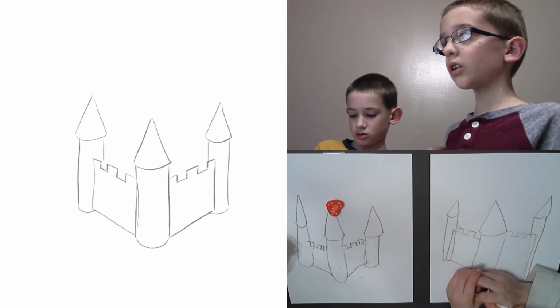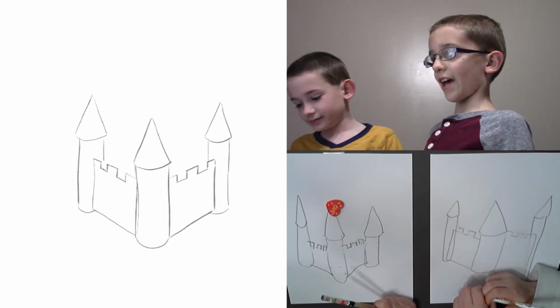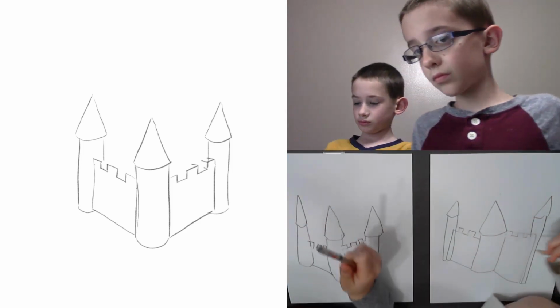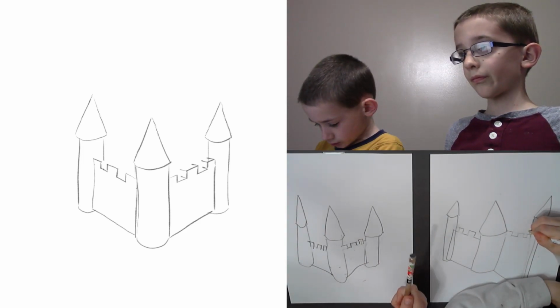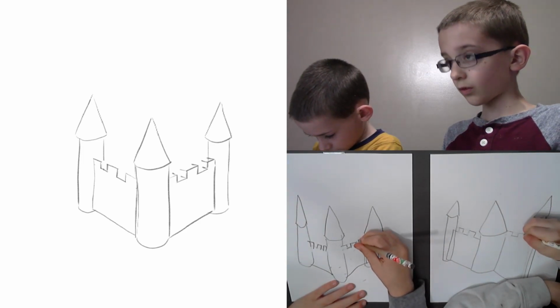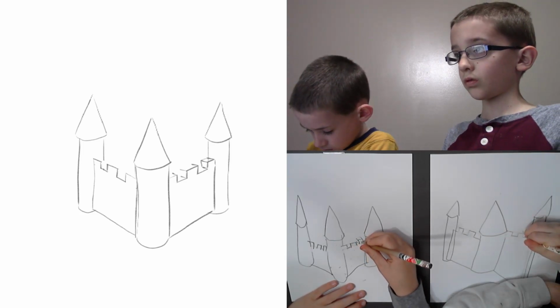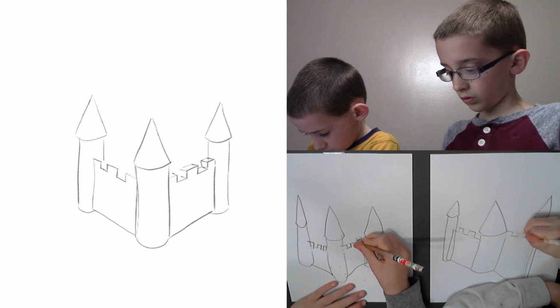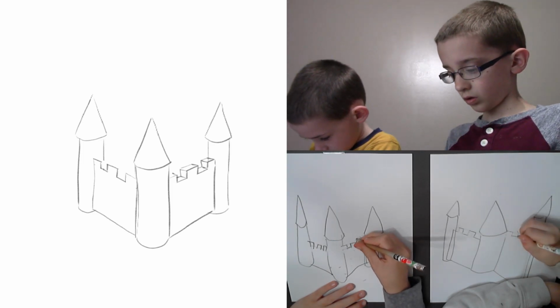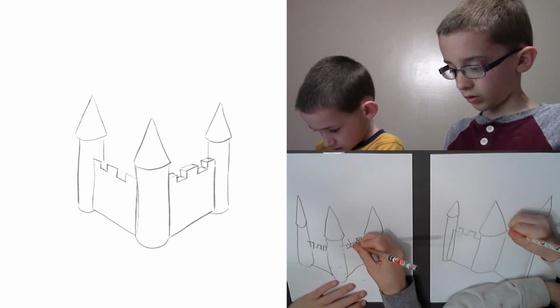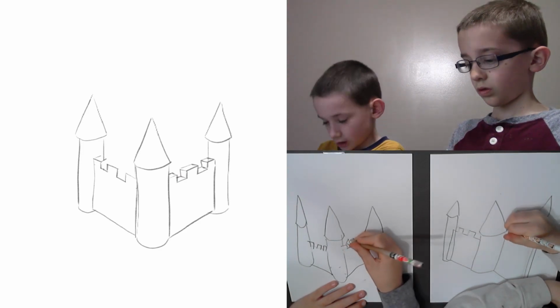Now we're going to draw lines towards the inside. Now we're going to draw a line, and another line, and then a line, and then that line, and that line, and that, and that, and then that, and that, and then one right there.